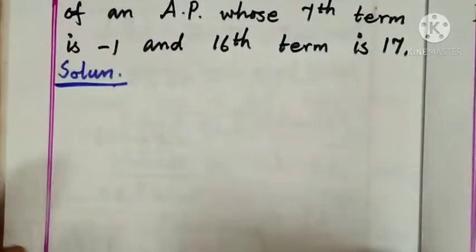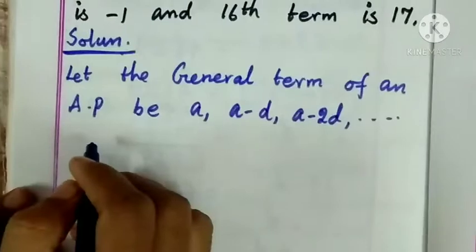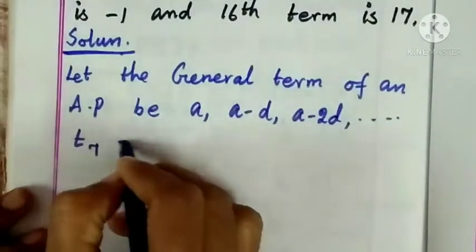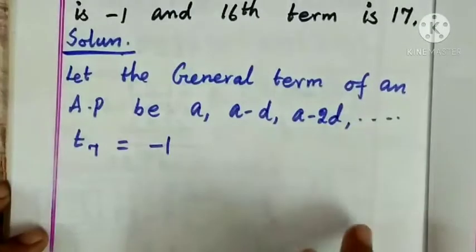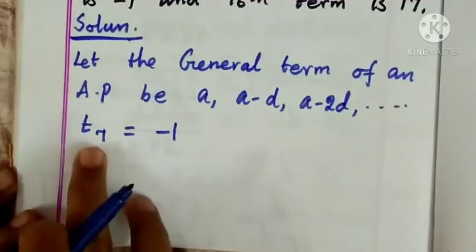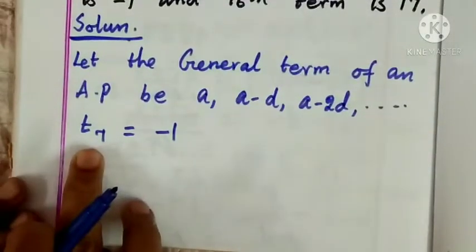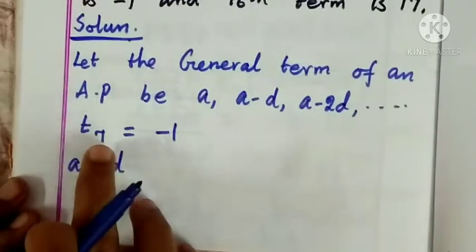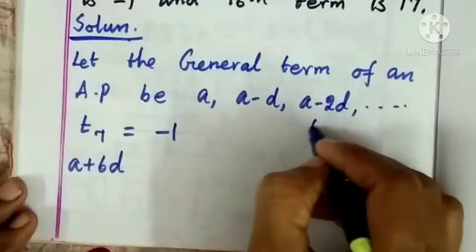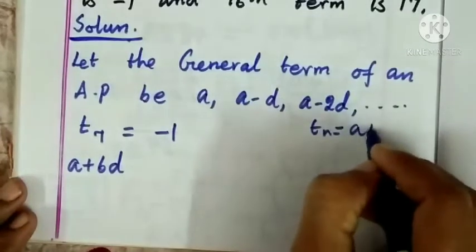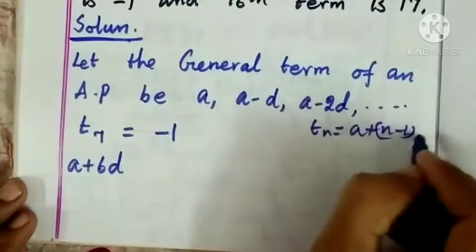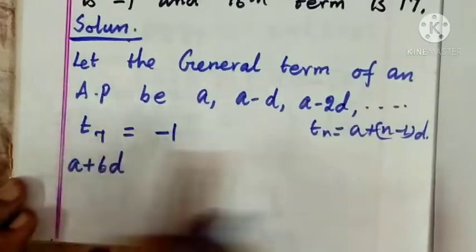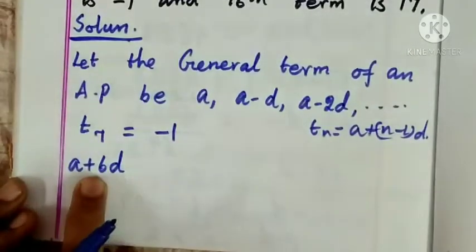Let us do the solution. Given T7 is equal to minus 1. The general term of T7 is A plus 6D. That is, nth term Tn is equal to A plus n minus 1 into D. Here n is 7, so 7 minus 1 is 6D.